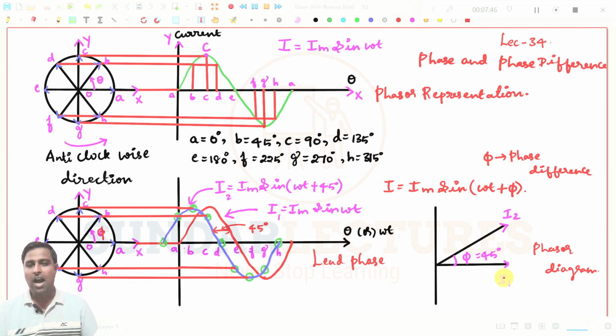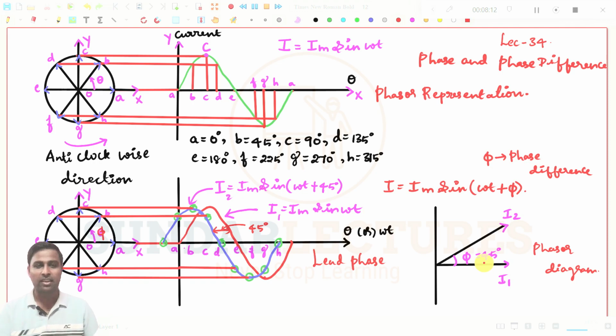So I1 and I2, we can represent in the phasor diagram. This is what we call phasor diagrams, right? So I2 leads I1 by 45 degrees. You have to understand that from the expression itself, but you can also draw these expressions like this. I1 is the reference phasor, and I2 leads by 45 degrees.